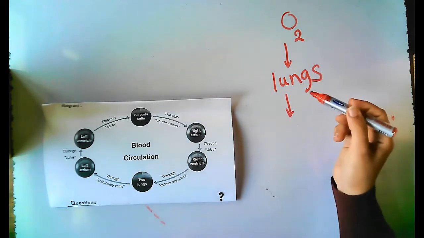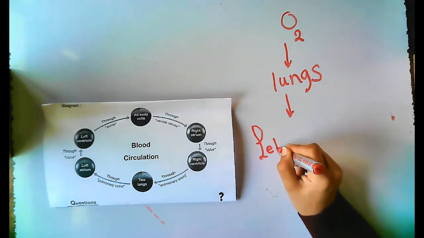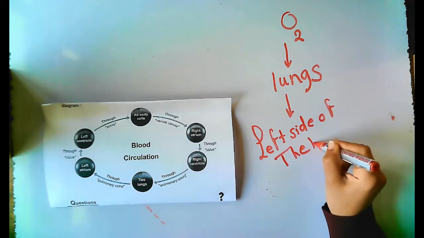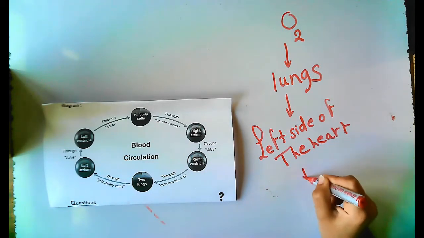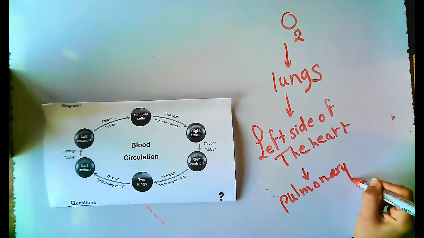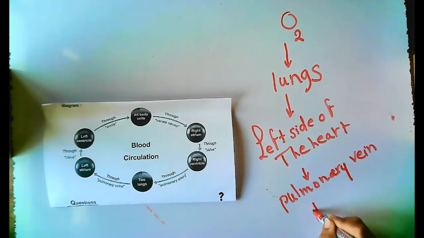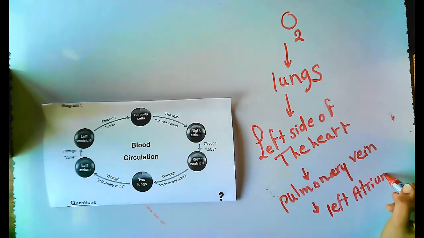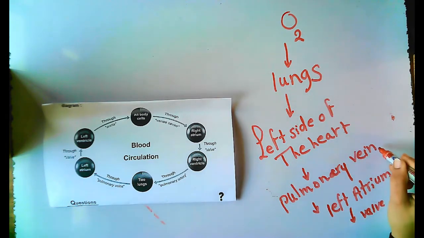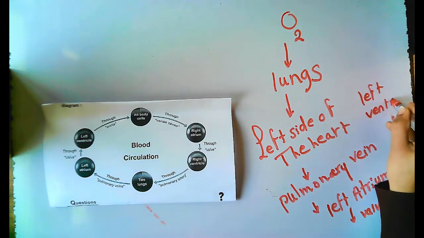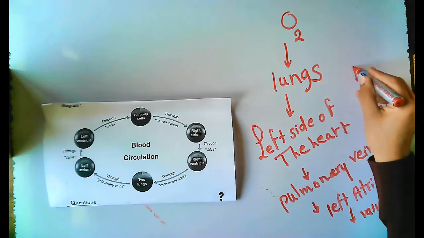Then after entering the lung, it goes to the heart, the left side of the heart, which is the pulmonary vein, then the left atrium, then the valve, then back to the left ventricle, then it goes to the aorta, to all body cells.